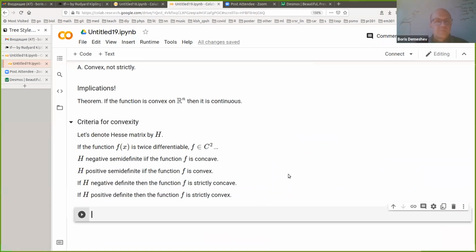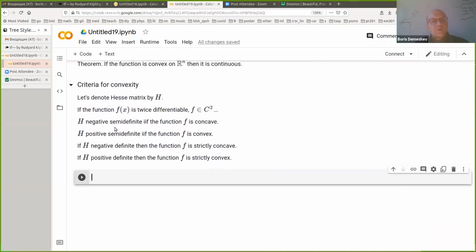So negative semi-definite H is a sufficient and necessary condition for a function to be concave. Negative definiteness is a sufficient condition, but it's not necessary. We can provide examples where the function f is strictly concave, but H is not always negative definite.